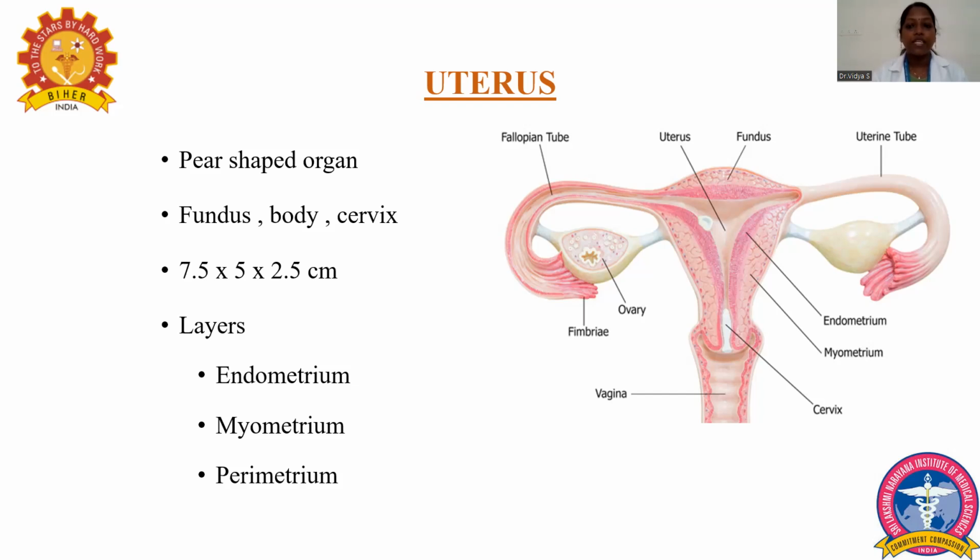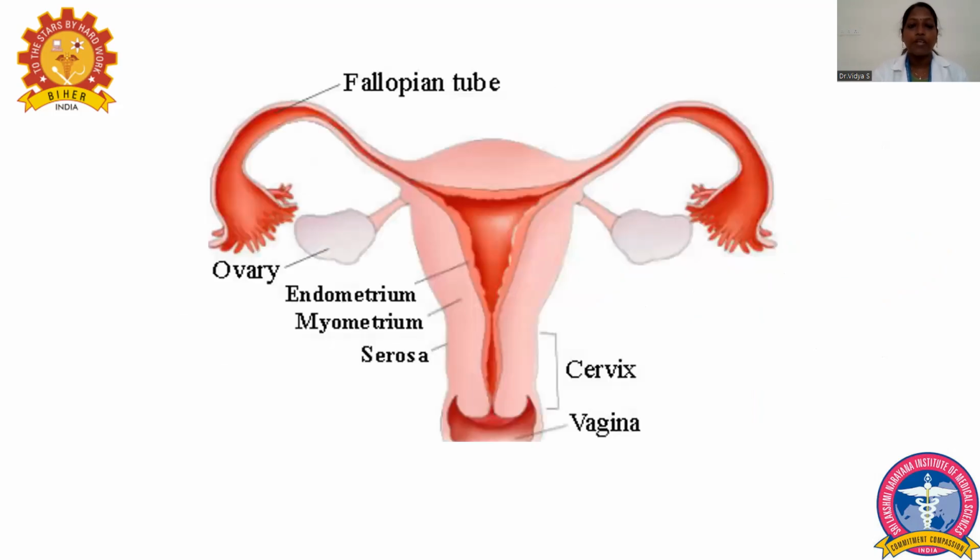The perimetrium is the outermost covering of the uterus. In this picture, we can see the endometrium layer, which is present inside the uterus, and the myometrium, which is filled with the smooth muscle wall. And finally, the serosa is nothing but the perimetrium, which covers the uterus as the outermost covering wall.